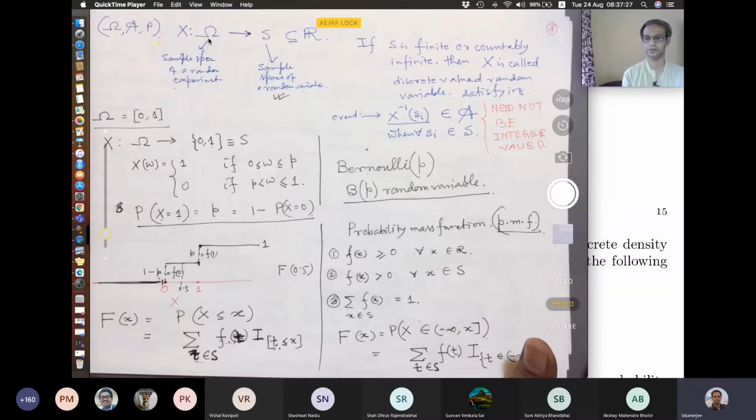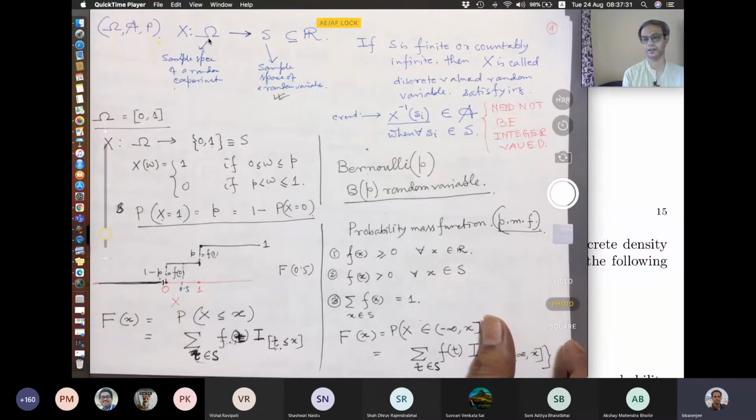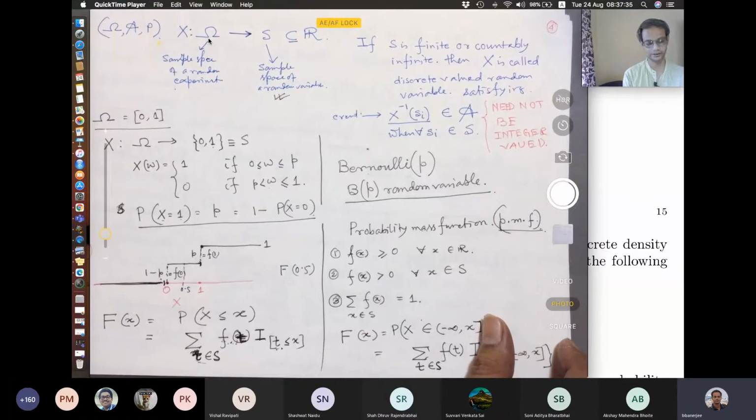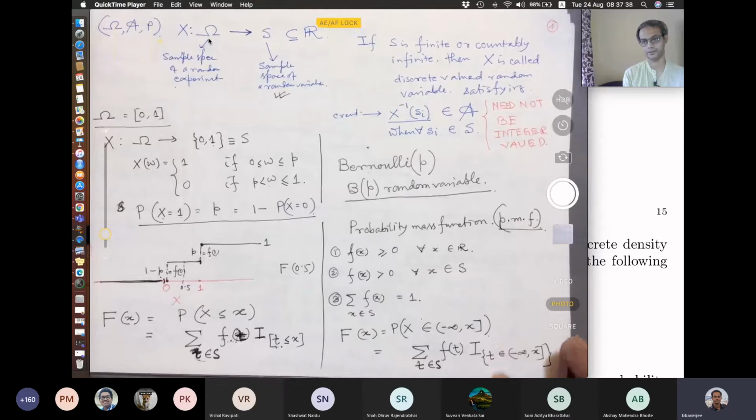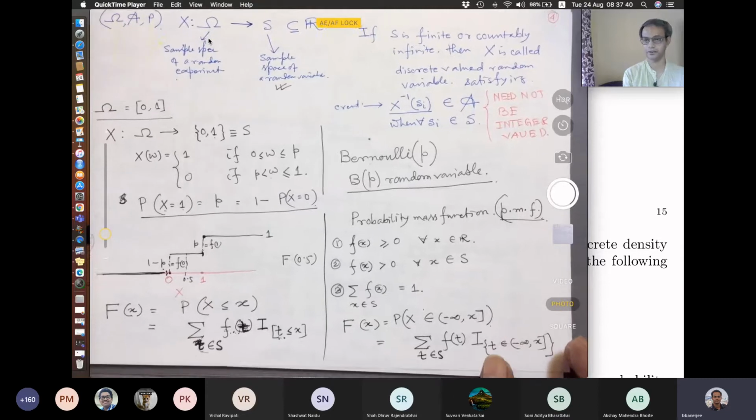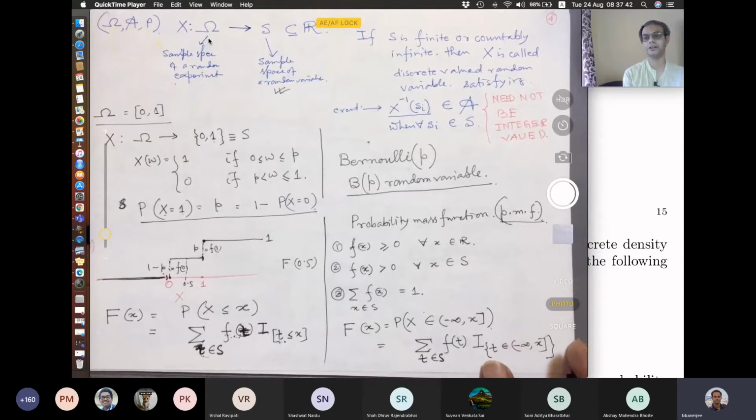Be careful. Usually most of them are integer valued, but technically that is not the requirement. Fractions can be there, but the set must be countable.